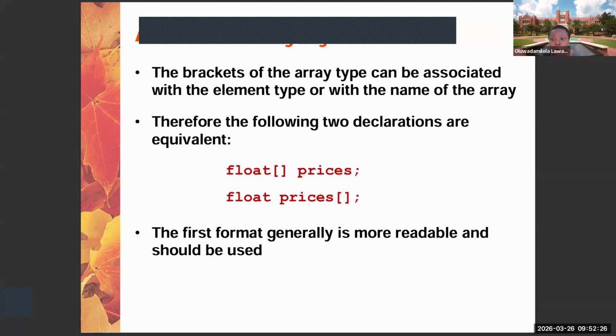Square brackets, our open and close square brackets. Very important, because that tells the compiler, it tells the computer, hey, slow down, we're working with an array data type here. So we have our array data type. It could be integer, the primitive data type, it could be the reference, we could use floats, double, string.